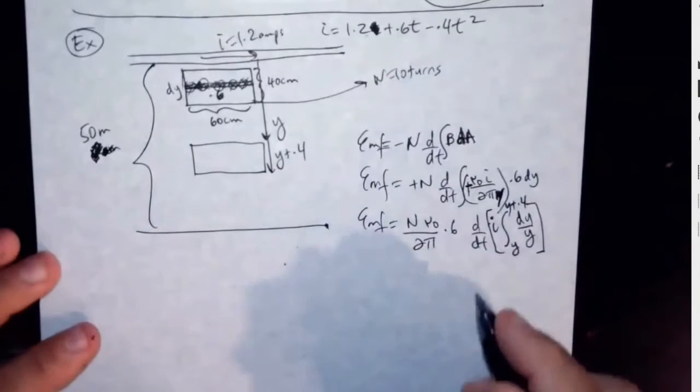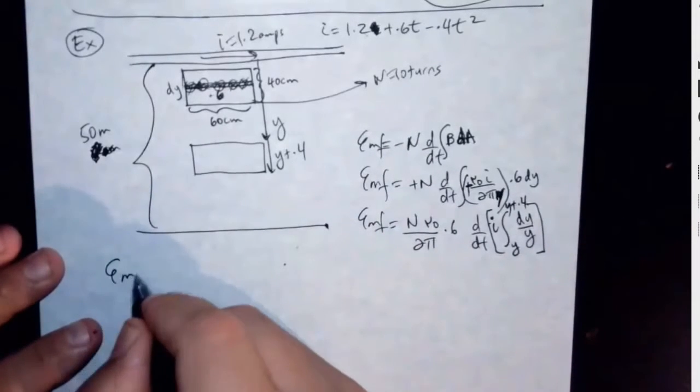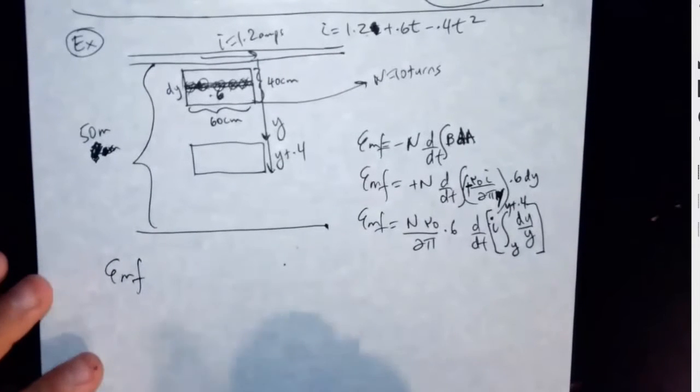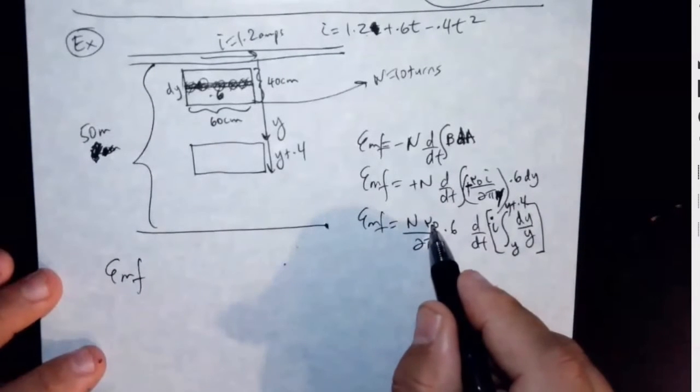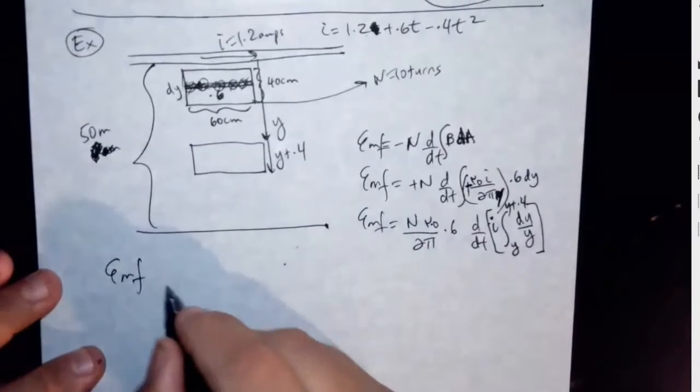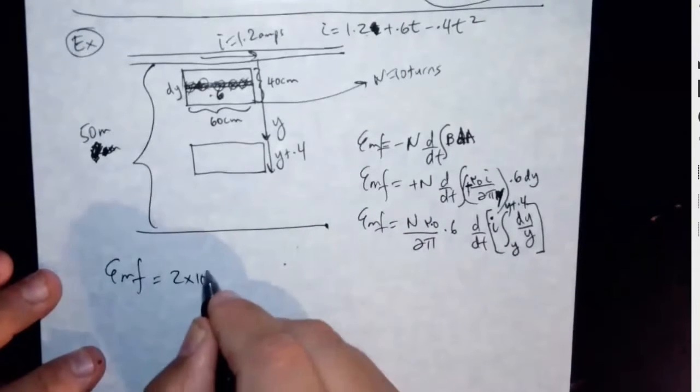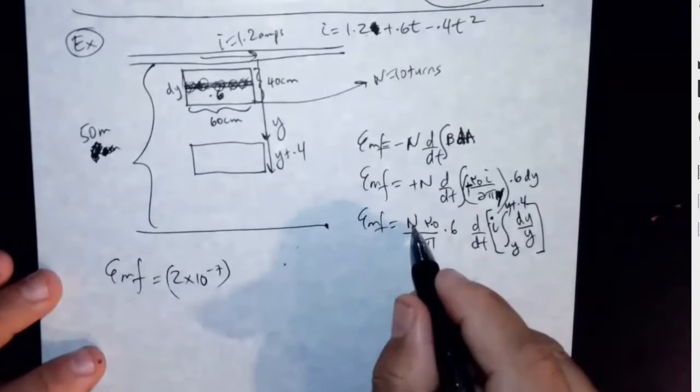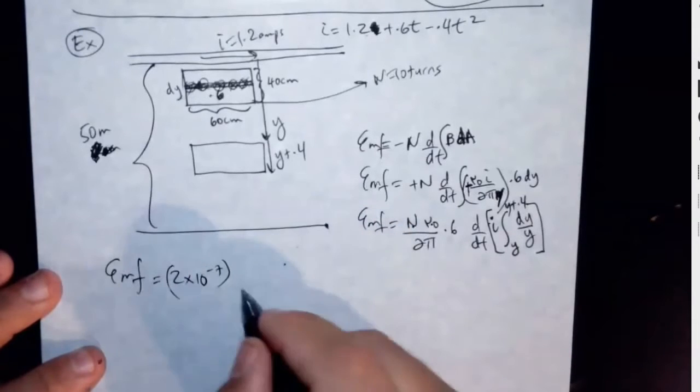Okay, so then I have here EMF. Mu 0 is 4 pi times 10 to the minus 7, so that cancels and makes it 2 times 10 to the minus 7. N is 10 turns.